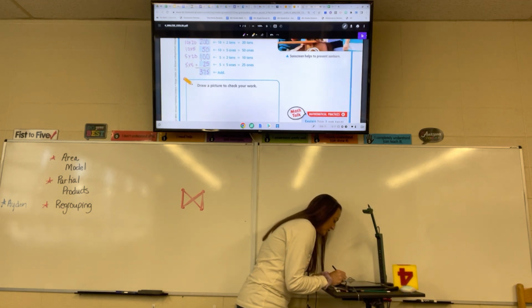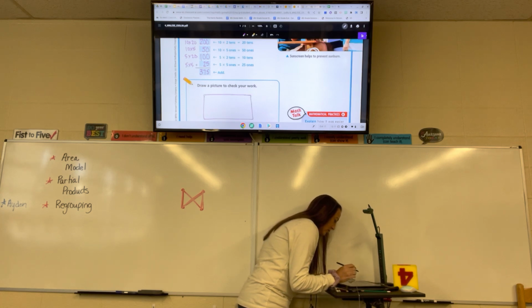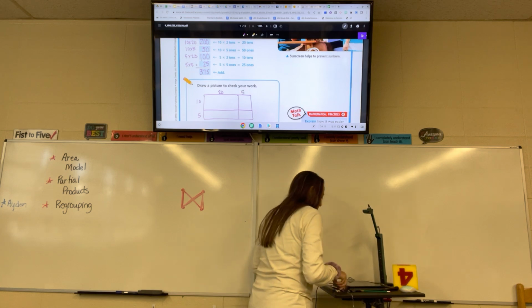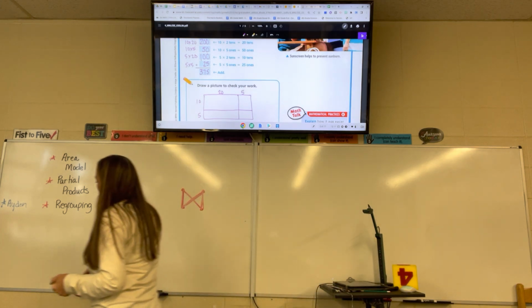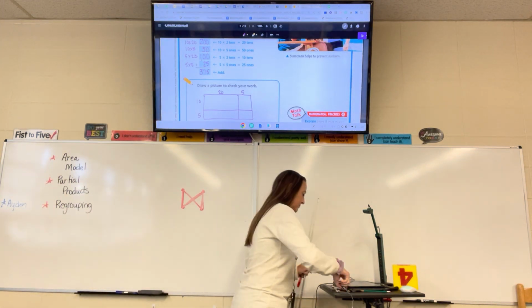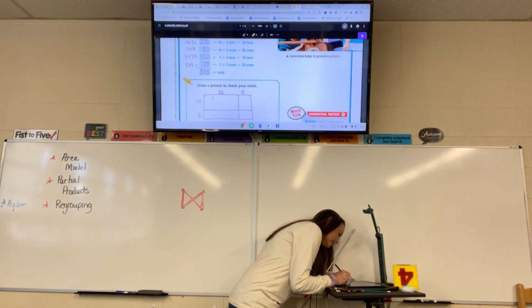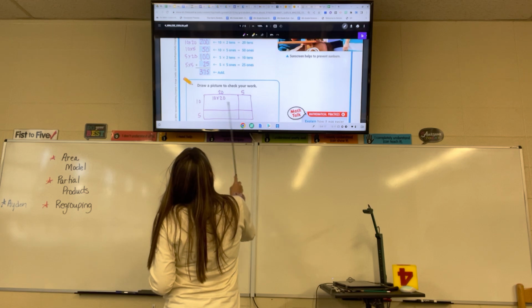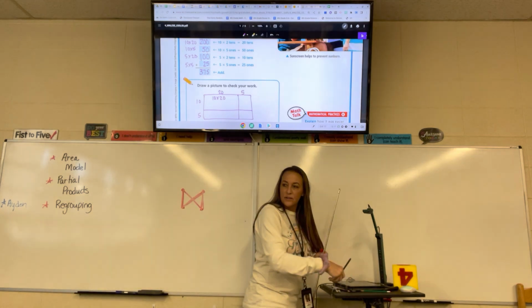Now the picture, of course, is going to be the area model, right? So we are going to start with 10 and 5, and then do 20 and 5. What 2 numbers do we multiply together for this box? 10 and 20, good. 10 times 20, and then for this box? 10 times 5.